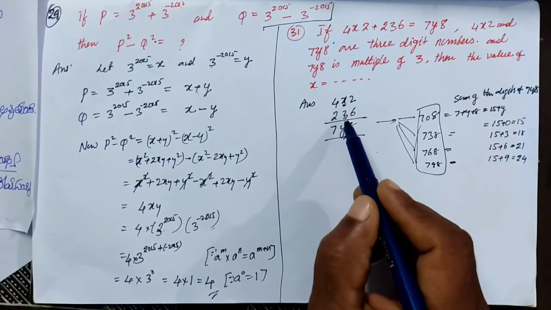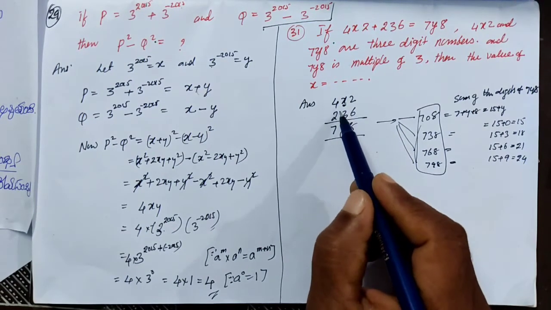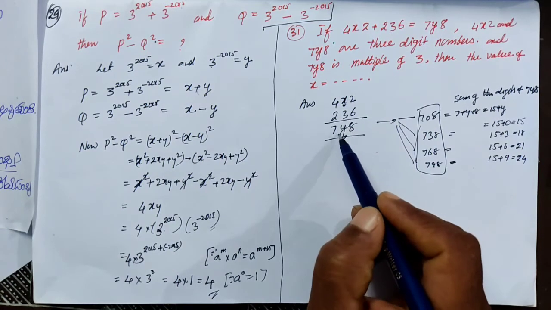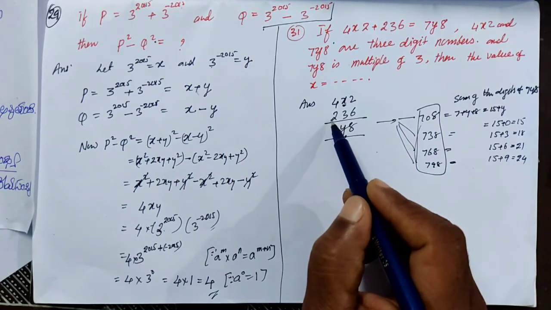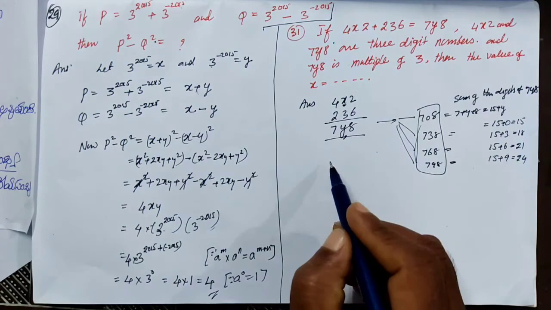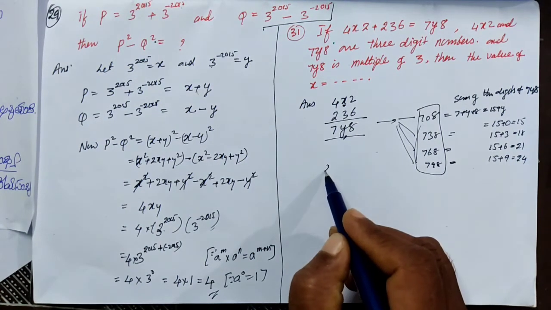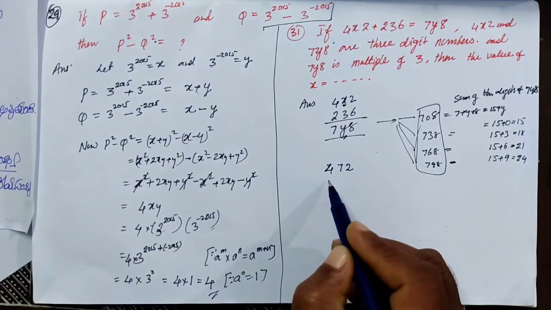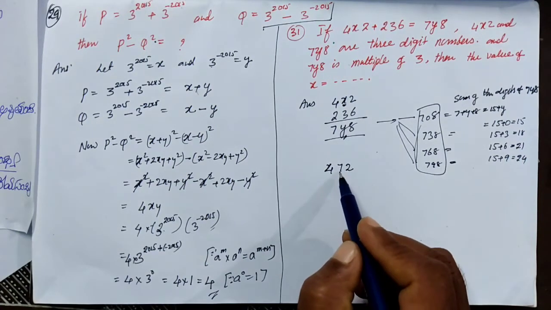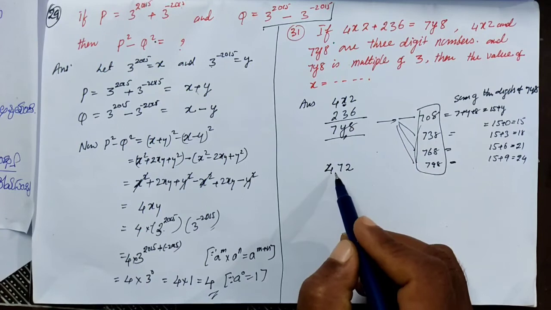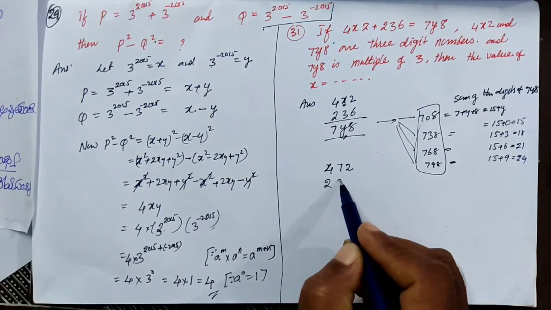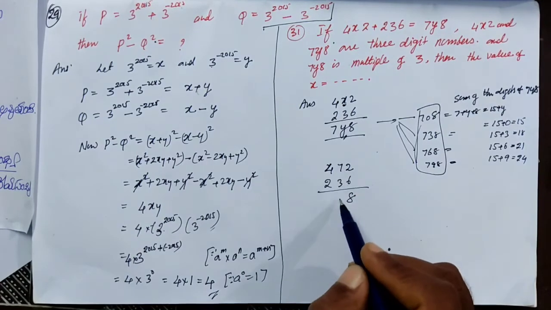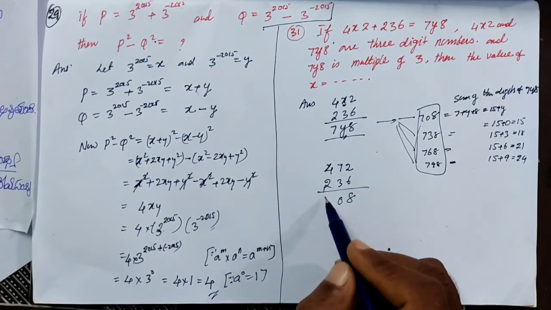So if you add this one, the sum of these 3 and x must be 10, then it is 0 and carries 1. So 4 plus 7 plus 2, 478, 472 plus 236. Suppose we add these, it is 8 and it is 10, carry 1 and it is 7.